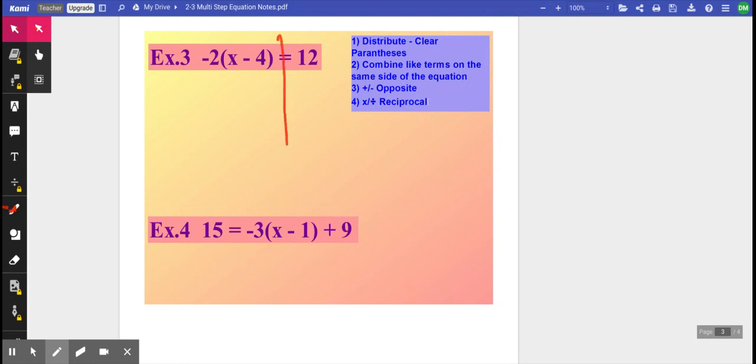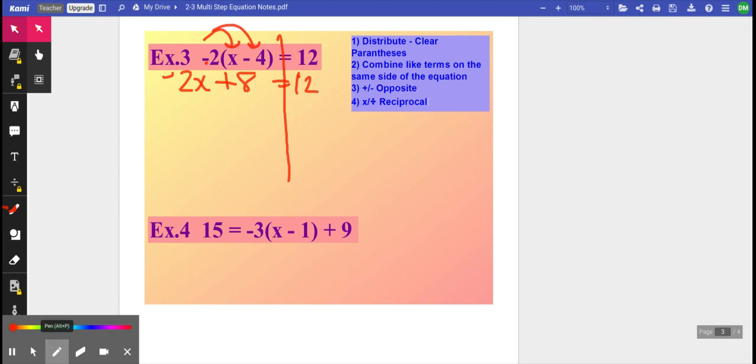We're going to put a line down the equal sign. And I'm going to distribute -2x. And again, careful of signs, -2 times -4, +8. And now we have a two-step equation. I'm going to get rid of the term that's not attached, subtract 8.